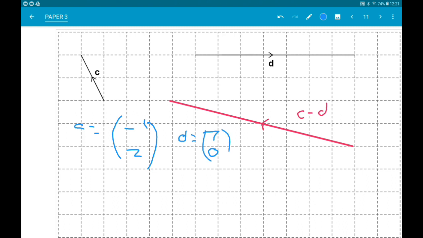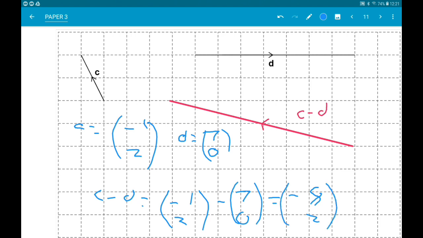So C minus D is (-1, 2) minus (7, 0). So that's (-8, 2). So I have my vector drawn there. The red line is going 8 left, 2 up. Make sure you put the arrow on it, otherwise it's not a vector.